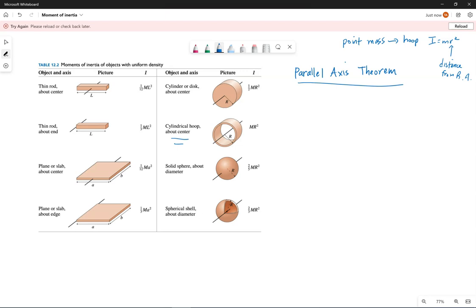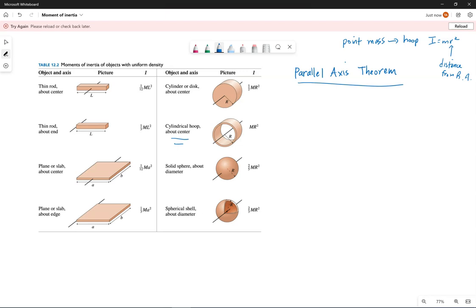Now, the one other situation in terms of calculating moment of inertia is called the parallel axis theorem. Now, it is named such because it applies for any object that is rotating around an axis.